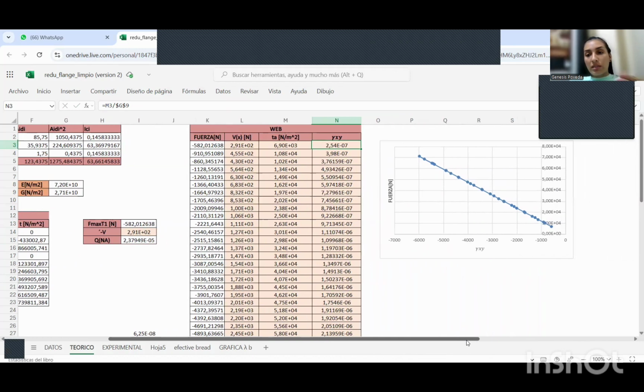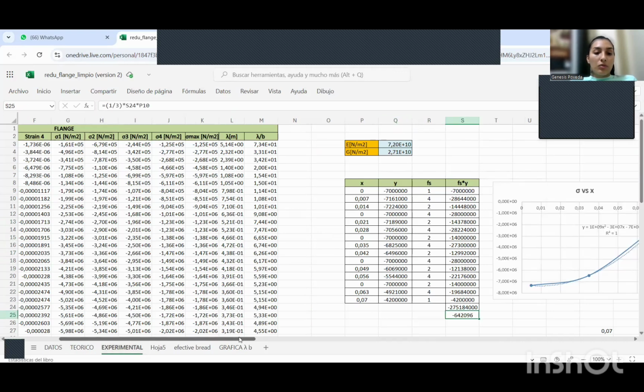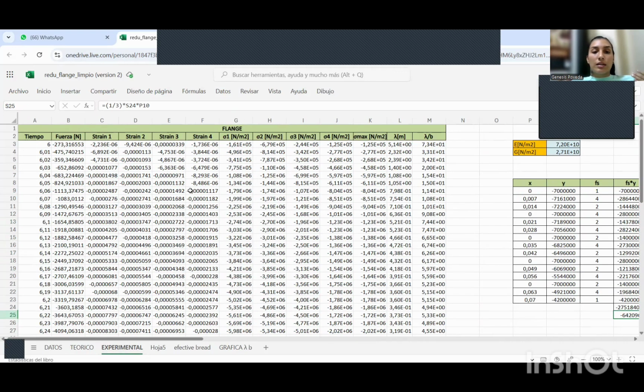Then we are going to graph this just to see the result, and then we are going to get the different normal stresses. Then I'm going to obtain the normal stress max and the lambda over B. We know that B is the measure of the transversal beam.